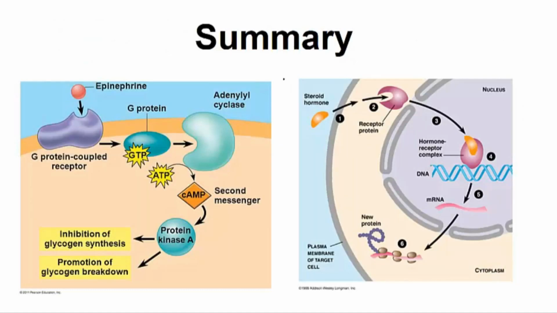Now for a summary, hormone receptors are proteins located on the plasma membrane or in the interior of the cell. So whatever receptor it is, whether it's a cell surface receptor, a receptor inside the nucleus, or a receptor in the cytosol, all of them are protein receptors.